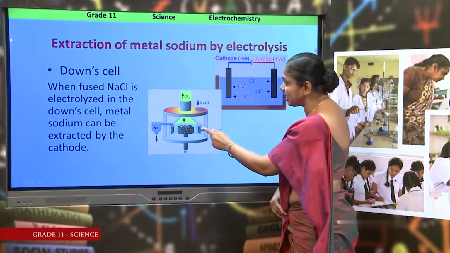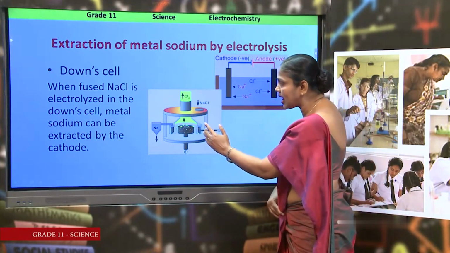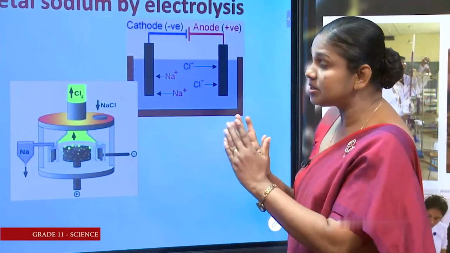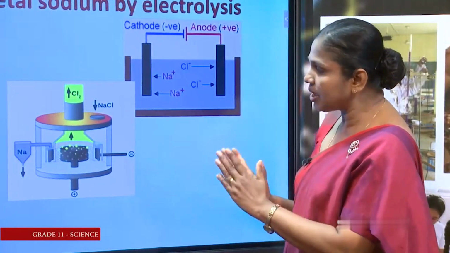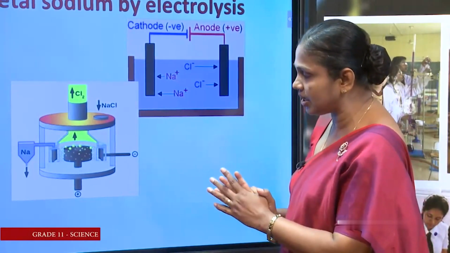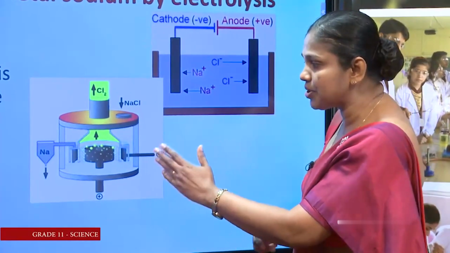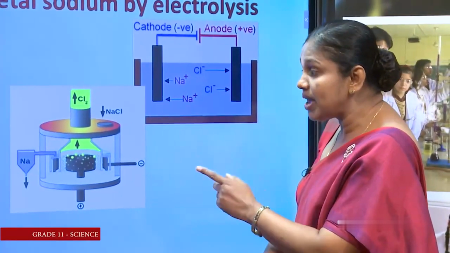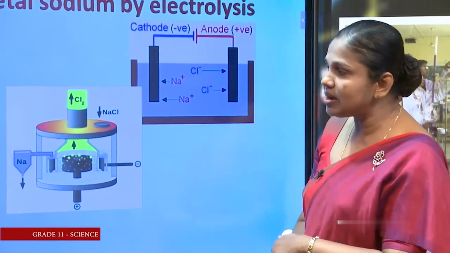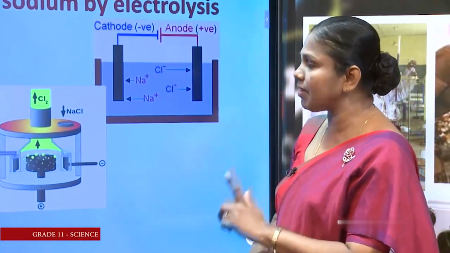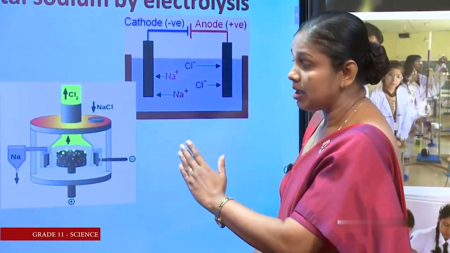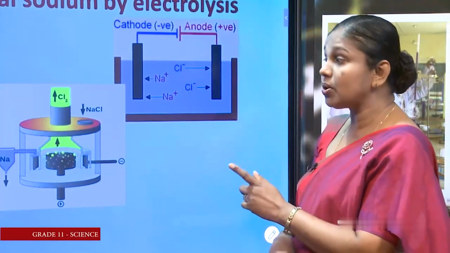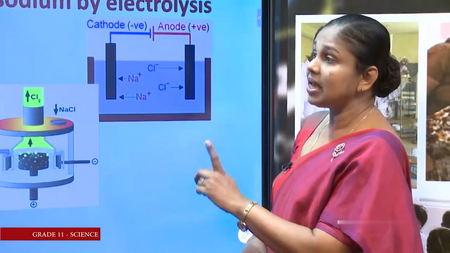Here you can see the anode and cathode are separated in this Downs cell by a steel mesh. Because of this steel mesh, chlorine gas produced at the anode does not mix with sodium metal produced at the cathode. Therefore, we can easily separate sodium metal and the chlorine gas.